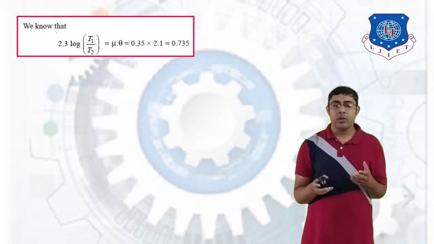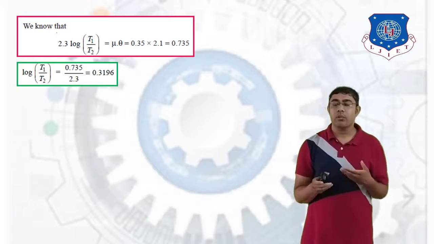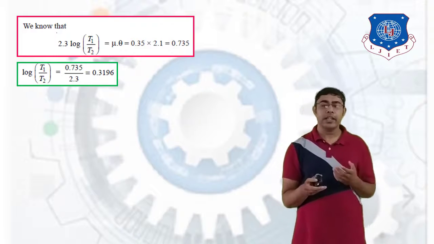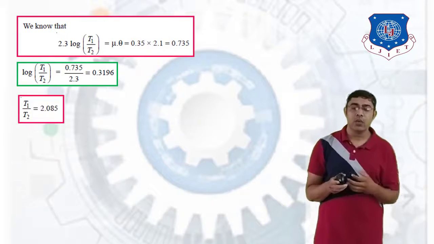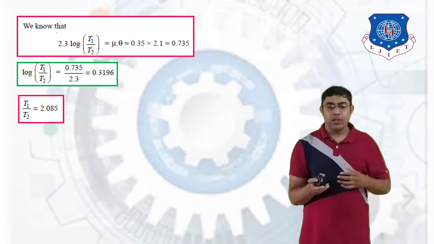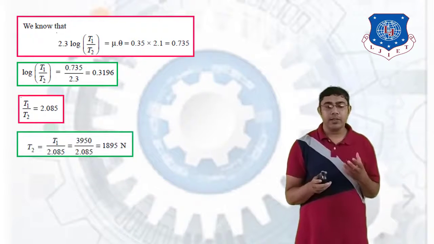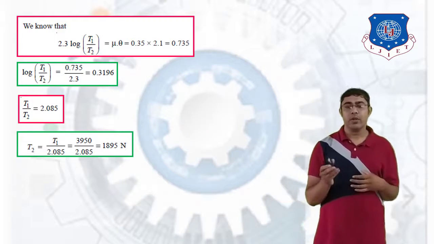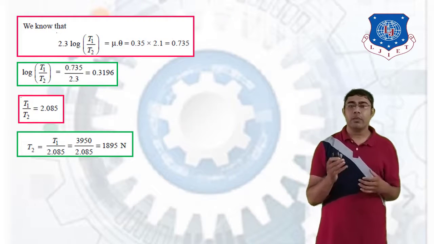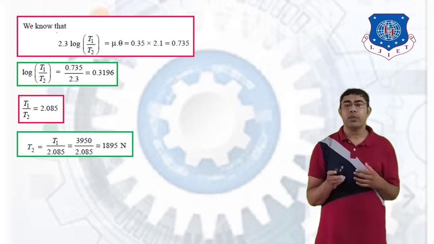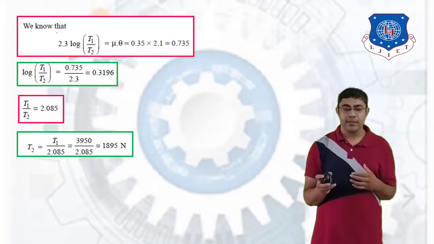So log T1 by T2 is equal to 0.3196, and we take antilog of this value, we get T1 by T2 is equal to 2.085. Now we have a value of T1, so T2 is equal to T1 divided by 2.085, and placing T1 as 3950, we get T2 is equal to 1895 newtons.